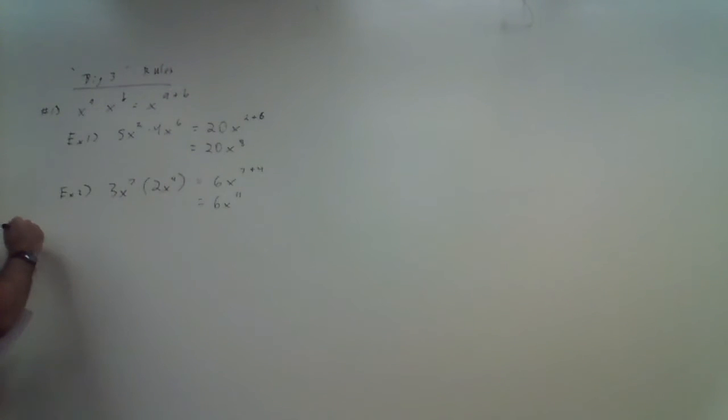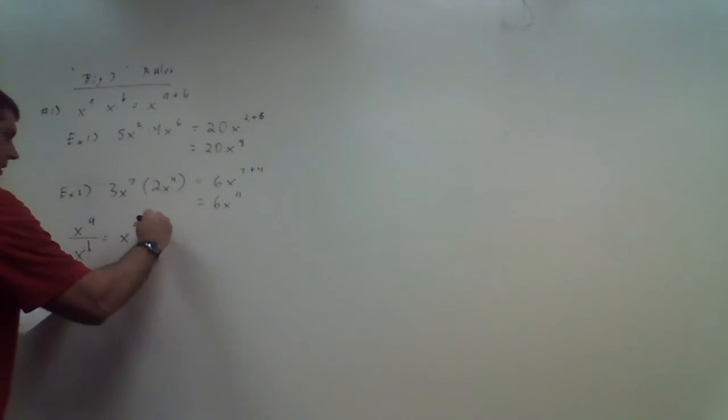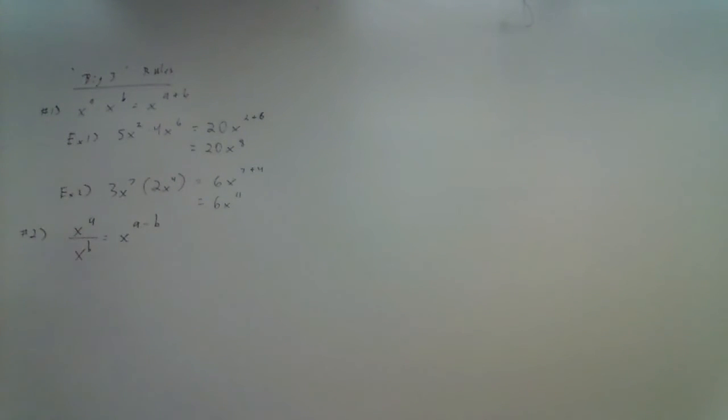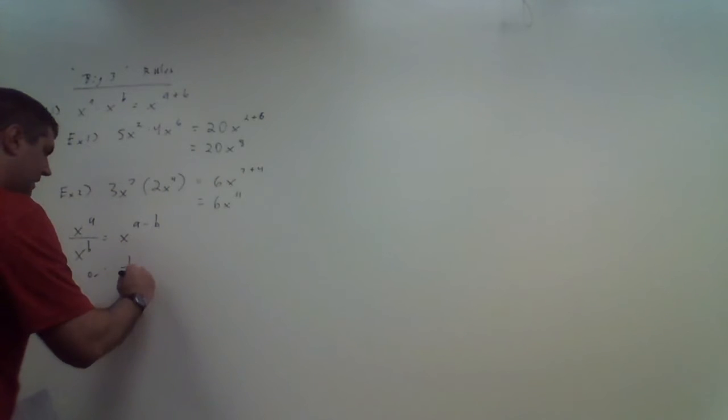Division is similar. Okay, so rule number 2: x to the a over x to the b is x to the a minus b power. Or, if the power down here is higher, you'd use 1 over x to the b minus a.